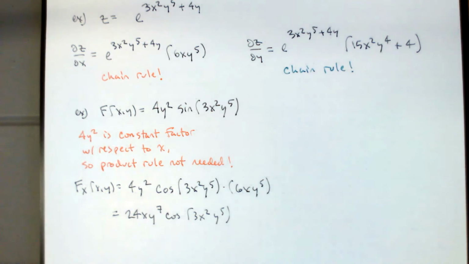When we read this problem as a function of y and hold x constant, I have a y function, 4y squared, times another y function, sine of y to the fifth. So since there is a product of functions of y, we need to use the product rule to take the derivative with respect to y.